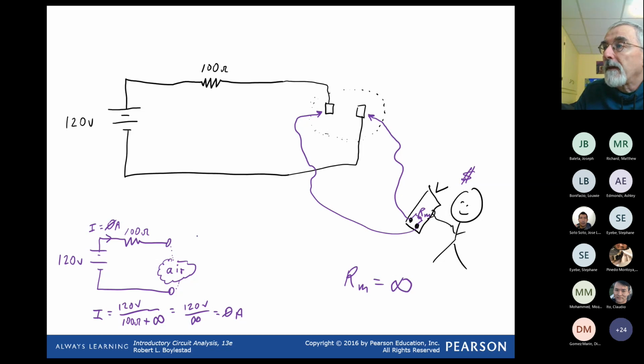Then we decide to hook up our voltmeter to measure the voltage. If we have a very good voltmeter, the resistance of the meter is also infinity, and the current remains at 0 amps.